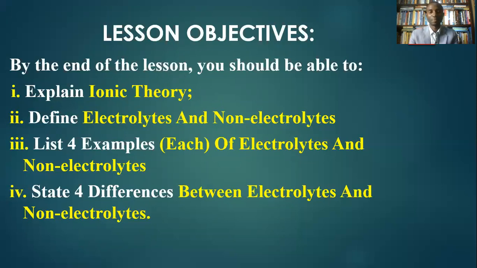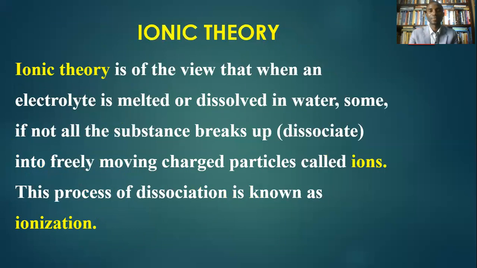Let's begin by looking into what Ionic Theory is and what it says. Ionic Theory is of the view that when an electrolyte is melted or dissolved in water, some, if not all, of the substance breaks up, or we call it dissociates, into free-moving charged particles called ions.